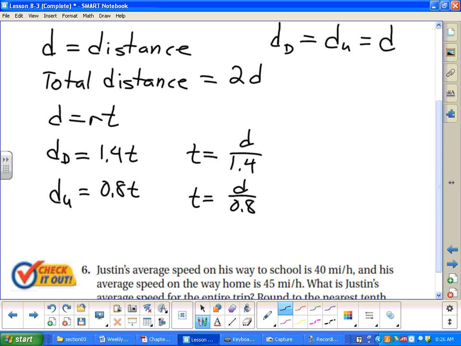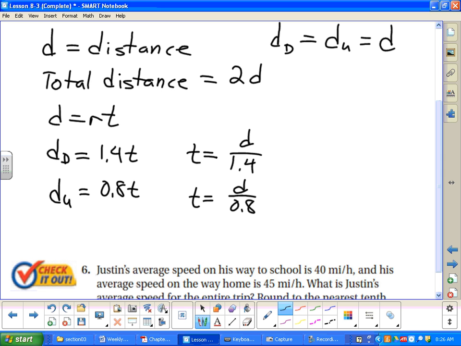Now, we want average speed. The average speed for the entire trip is going to be the total distance divided by the total time. So for instance, if we drive to Chicago and back, to figure out our average speed, we would take the total distance.